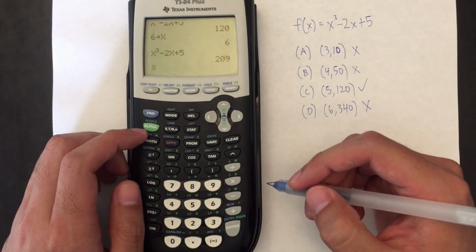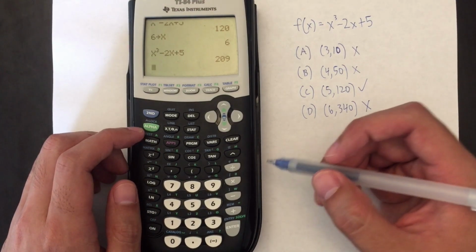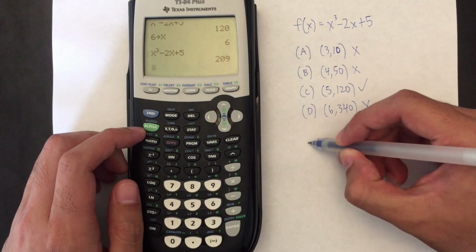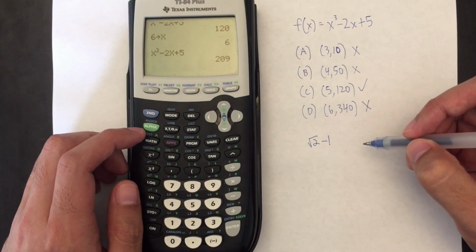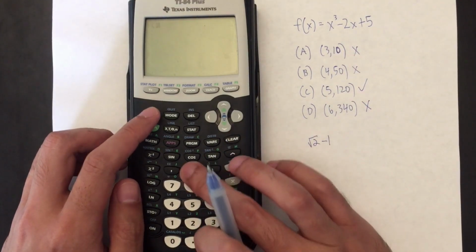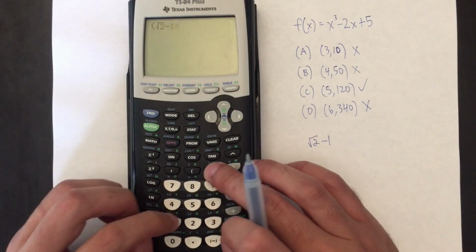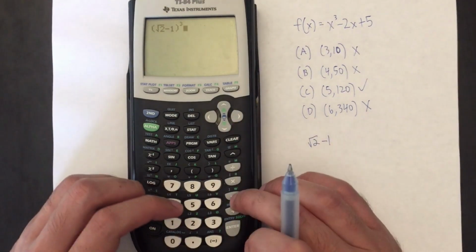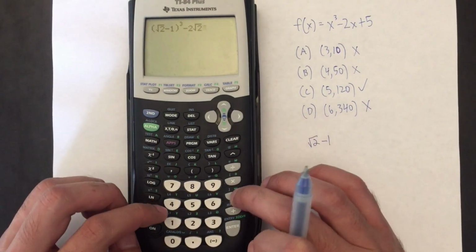Now this technique might have been overkill for this question, but again, imagine a more complicated f of x, or imagine that you're plugging stuff like root 2 minus 1 into f of x. This is actually a huge pain to type. So to show you, we'll do root 2 minus 1 cubed minus 2, and then root 2 minus 1.